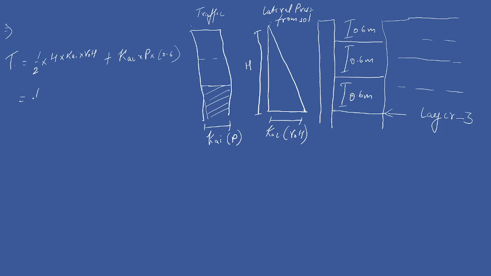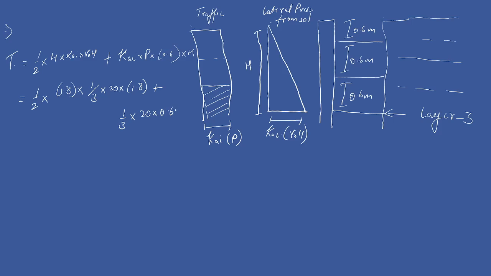So if we evaluate this, half into H, H is how much? 1.8 into Ki, we know it's 1 by 3, gamma is 20, height we know it's 1.8 only since we are evaluating in this. Then we are having 1 by 3, P is 20 and it's 0.6, and also we'll be having the H also, sorry.